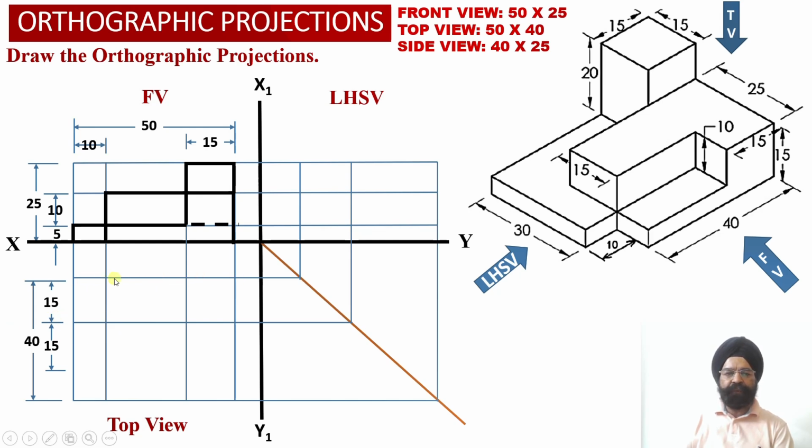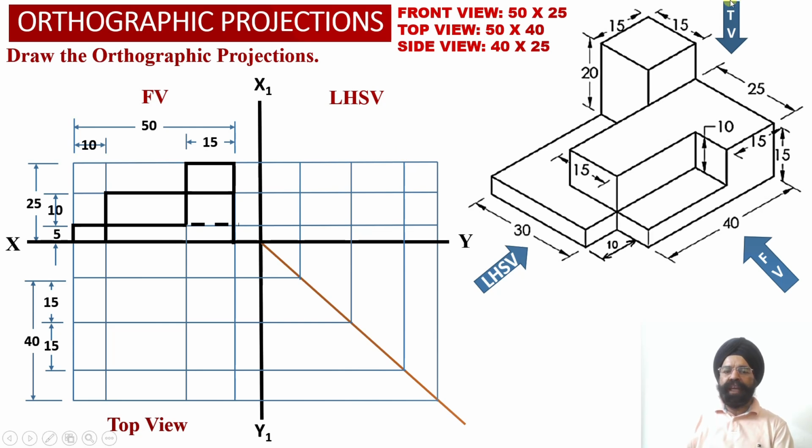This is the rear face of the solid. Having marked this distance, again we have obtained a horizontal projector line into the top view projections, and we have transferred this horizontal projector line using this transfer line into the left hand side view projections over here.